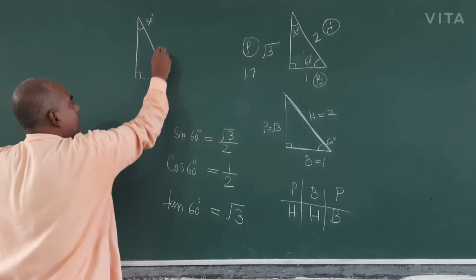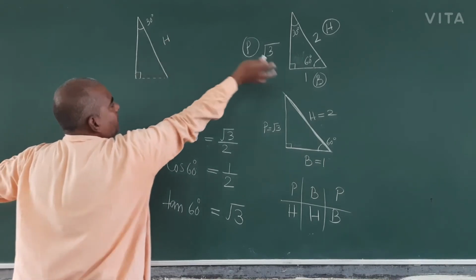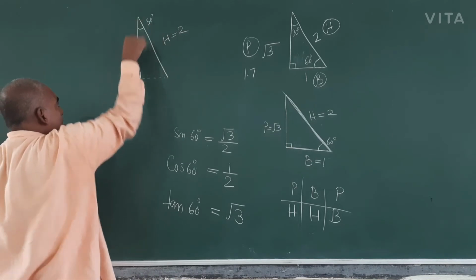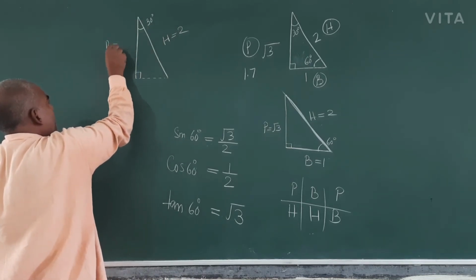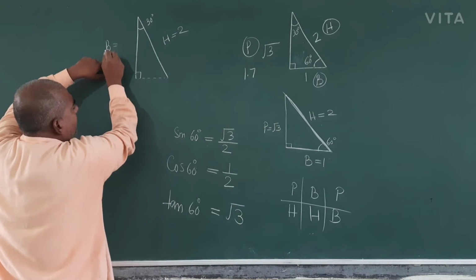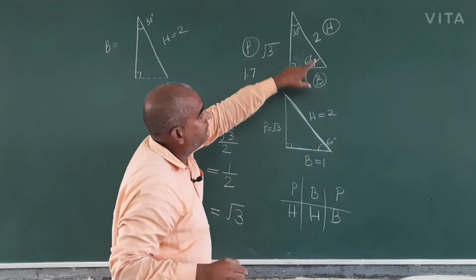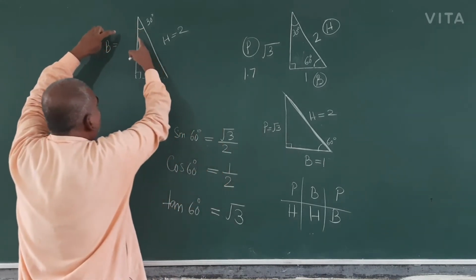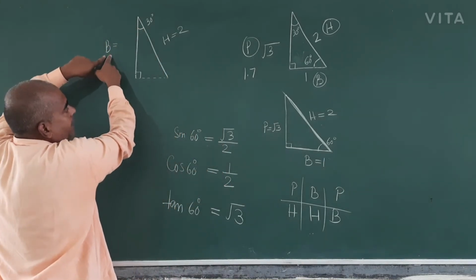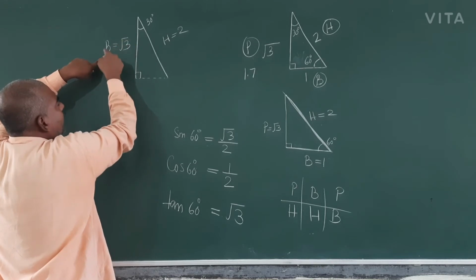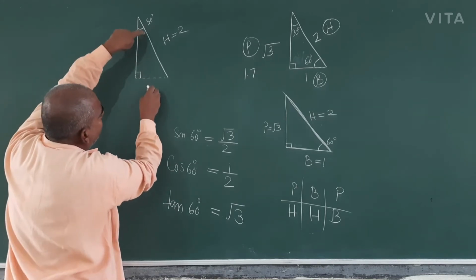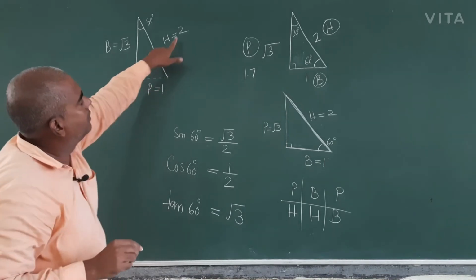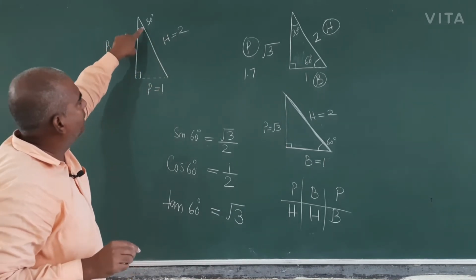The hypotenuse is fixed and it is 2. For 30, this is the base, root 3, and this is the perpendicular, 1. So 1, 2 and root 3, but for the 30 degree.